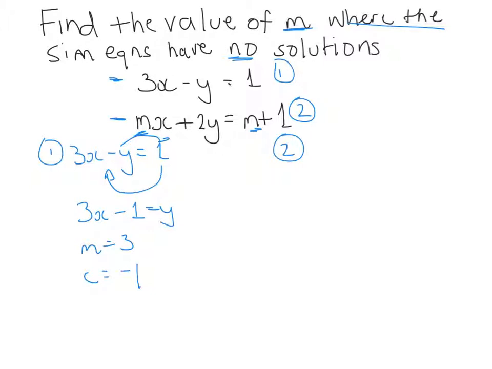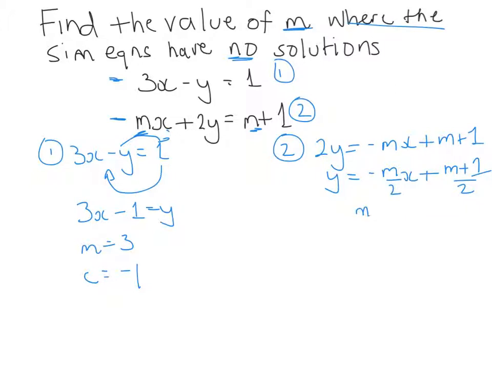Now for 2, if we took the mx across to the other side, we'd end up with 2y is equal to minus mx plus m plus 1. So we'll divide by 2 on both sides, so minus m over 2 x plus m plus 1 over 2.